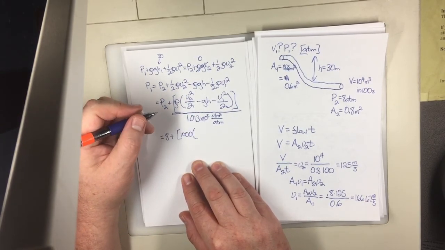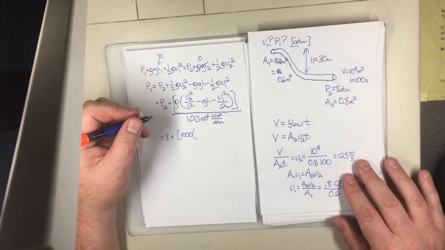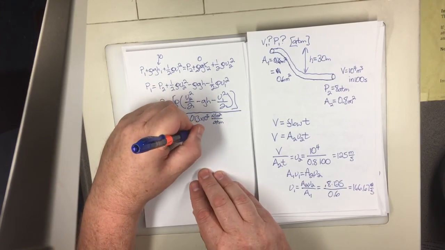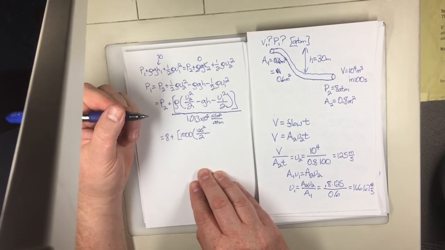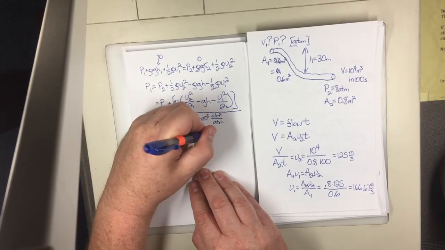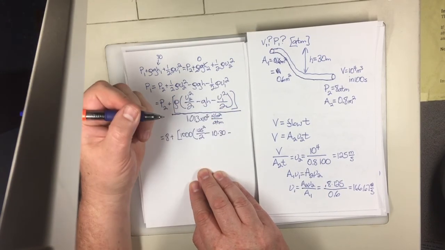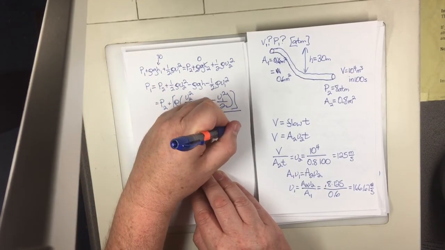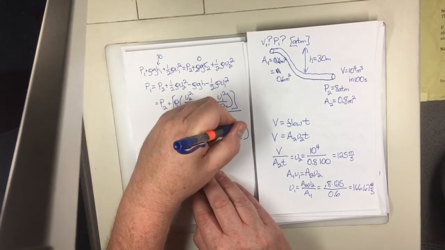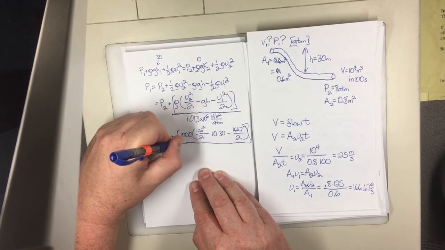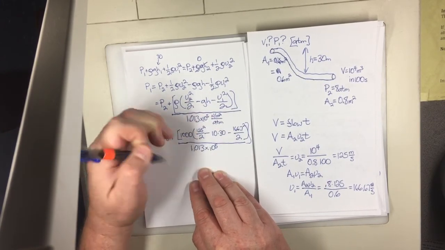V2 is, what did I say, V2? 125. Oh, goodness. Minus 10 times 30 minus 166.7 squared over 2. And I divide that whole thing by 1.013 times 10 to the 5th.